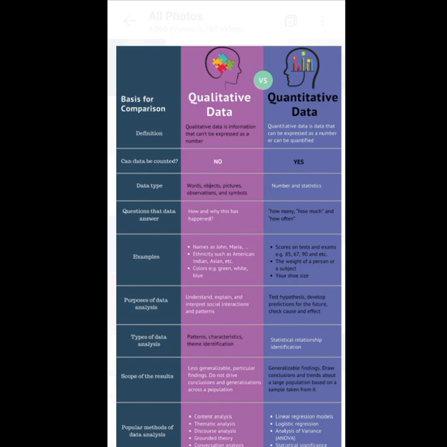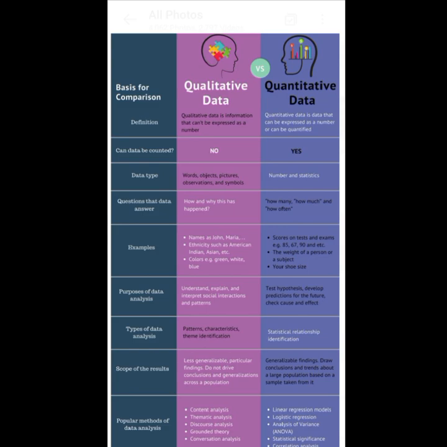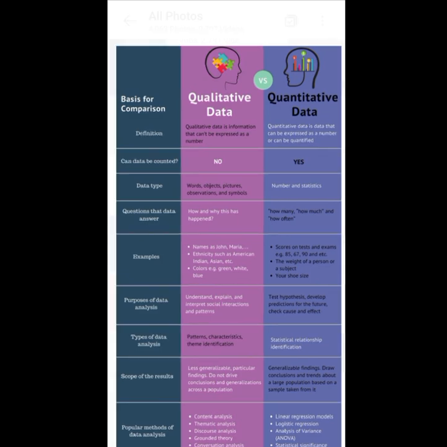Opinion: the lecture was interesting. And quantitative data: number of lectures in a week. Qualitative data is feedback: the service was slow. And quantitative data is waiting time is 15 minutes. So qualitative gives you the description and quantitative gives you the measurement.